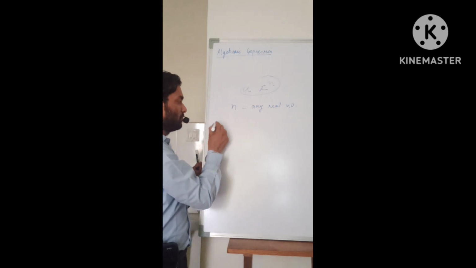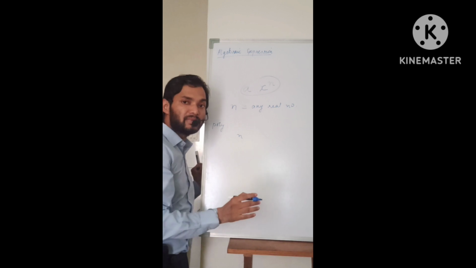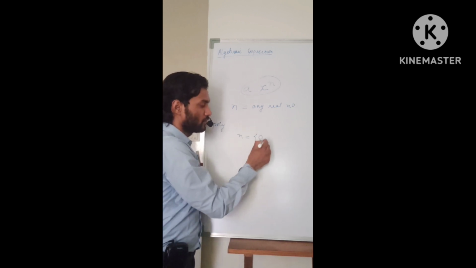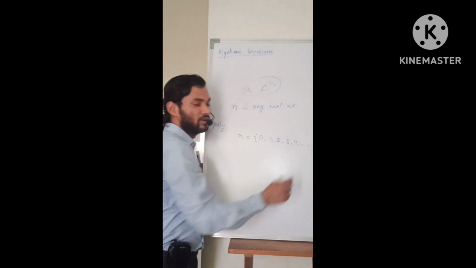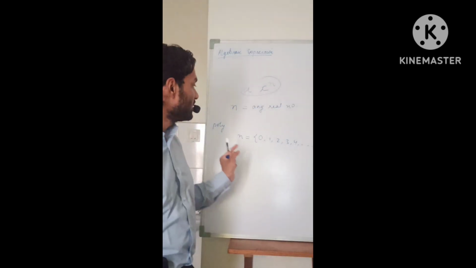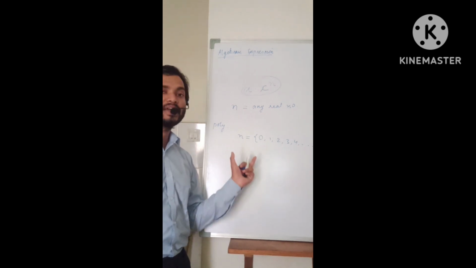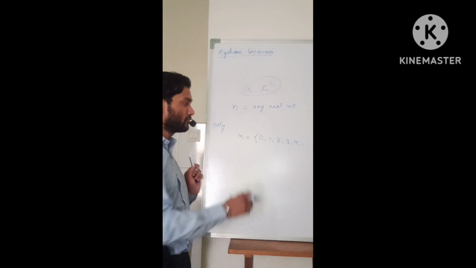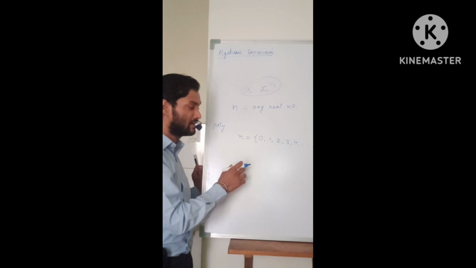But in the case of polynomials, the power of the variable is not any real number, rather the simpler numbers which we can choose from 0, 1, 2, 3, 4, and so on and so forth. So if the powers of the variable in a term come from this set, then we say the algebraic expression is a special expression and its name is polynomial. Therefore the powers in a polynomial are non-negative integral.